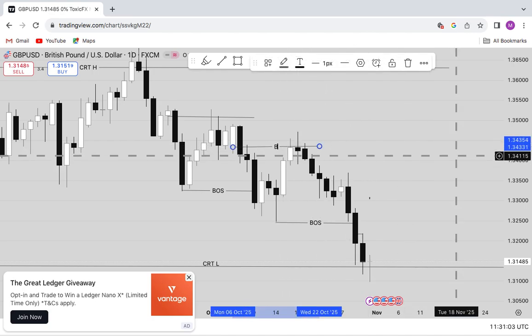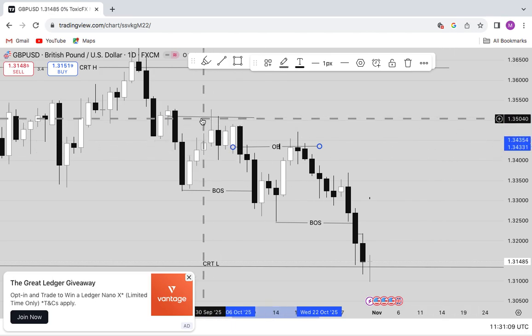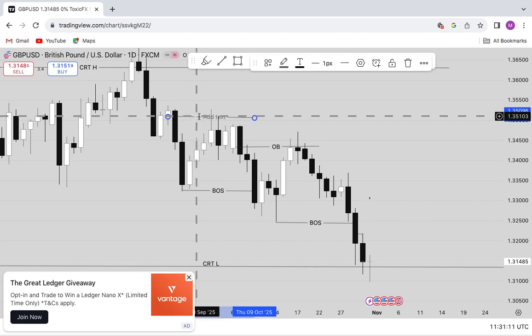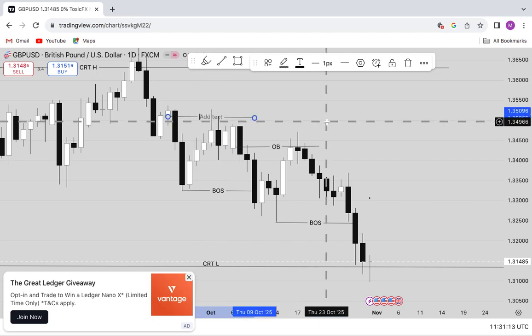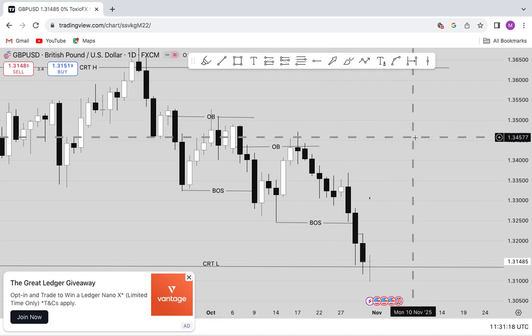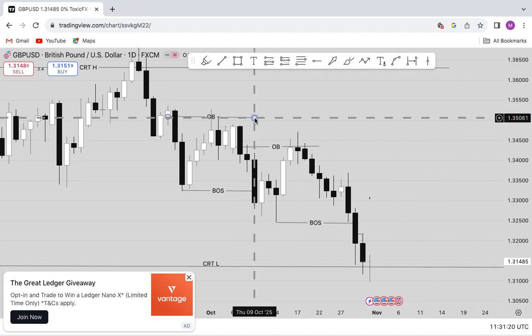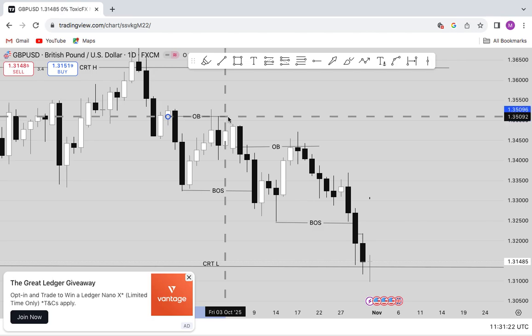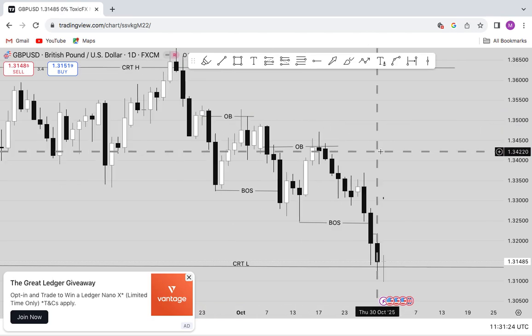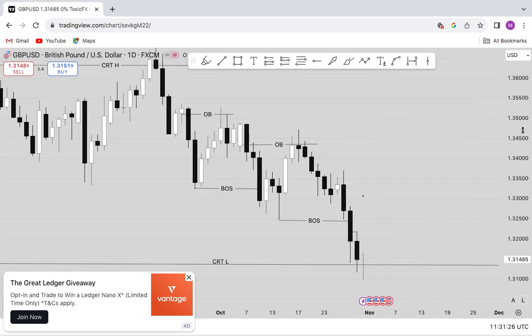Price has already reached my monthly target. So if price is actually reacting in my monthly target, because I do trade SMC combined with CRT, but I mostly trade CRT most of the time, if price is presently reacting on my monthly CRT target, what am I expected to see?